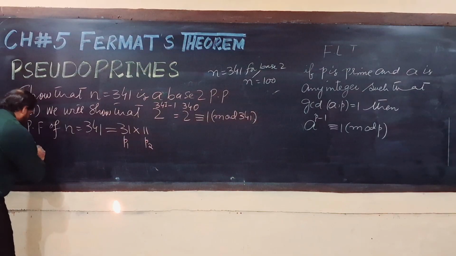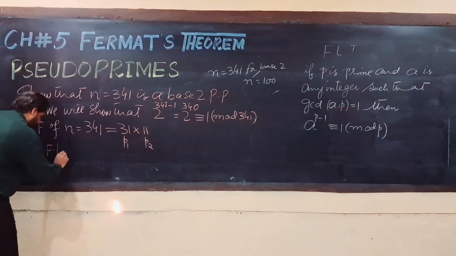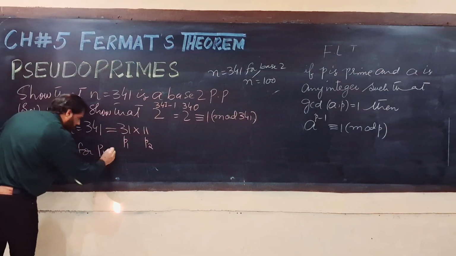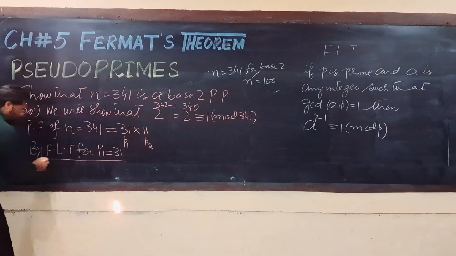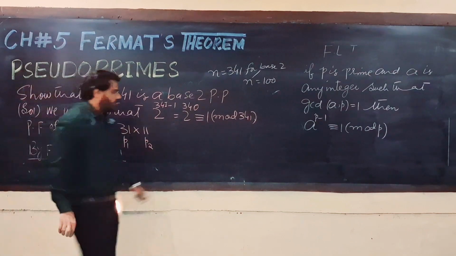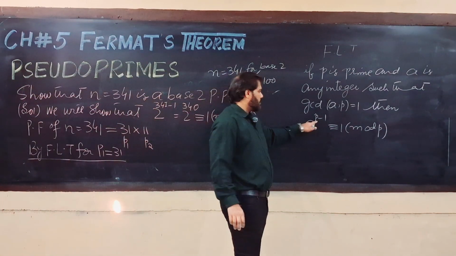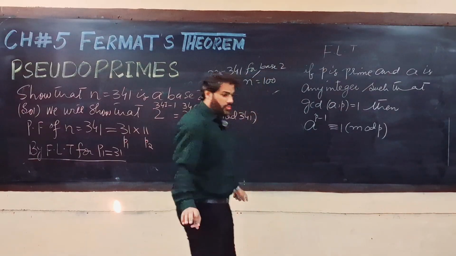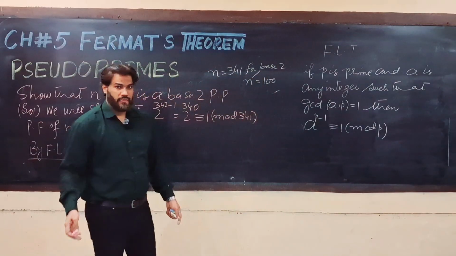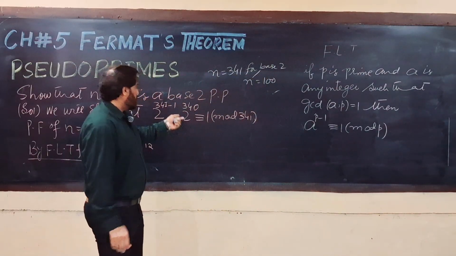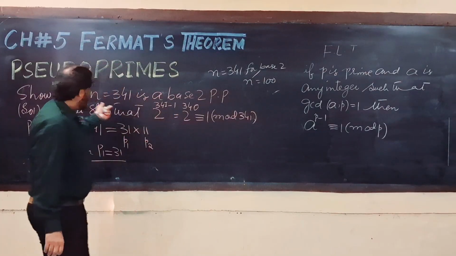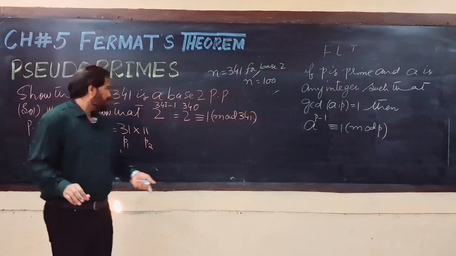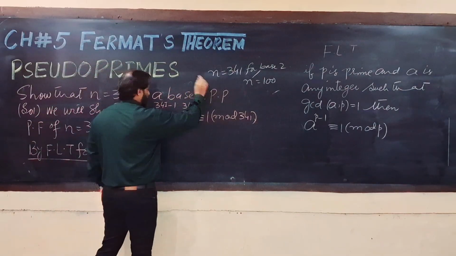By Fermat Little Theorem, for P1 is equal to 31, substitute P is equal to 31 here, and A is equal to 2. Although it is not mentioned which base we have to take, base 2 is given here.